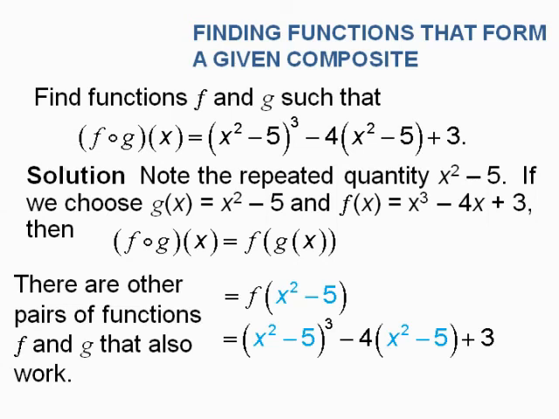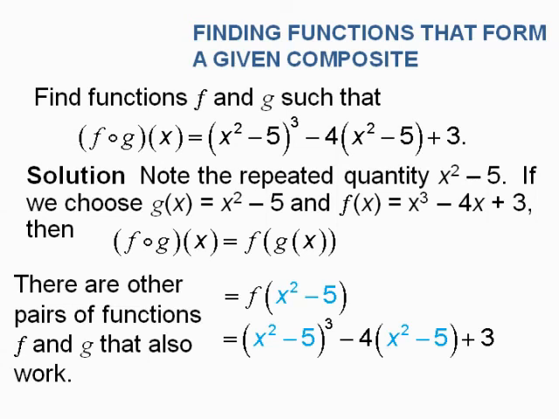And finally, they may even give you some problems like this where it says find functions f and g such that f of g of x is x squared minus 5 cubed minus 4 times x squared minus 5 plus 3. Now note here that we have a repeated quantity of x squared minus 5.